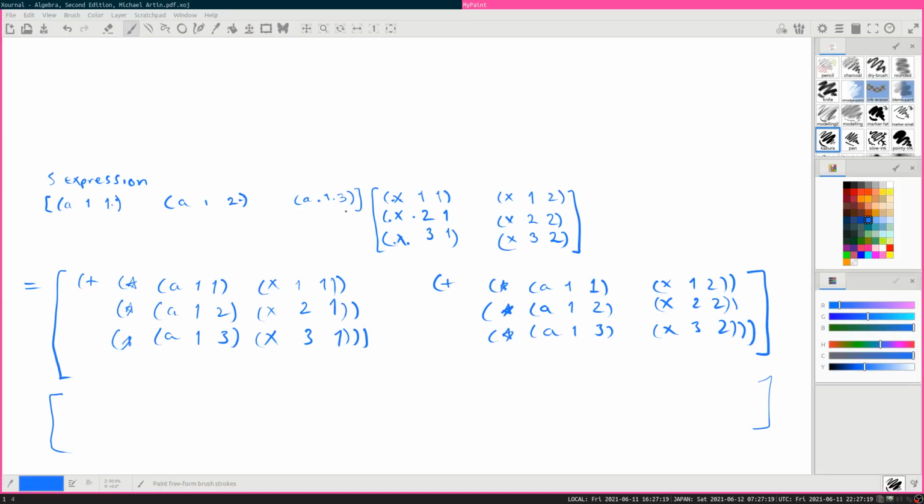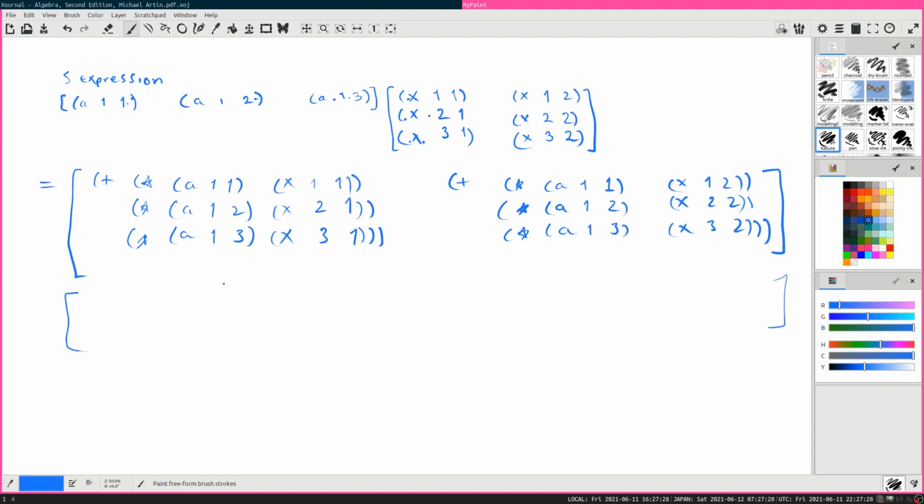Oh, and let me just show you, which is that let's group by the A terms here. So this is what I want to show. This is plus times A1, 1 times the vector. Well, we look at where the A11 occurs. It occurs in this vector.